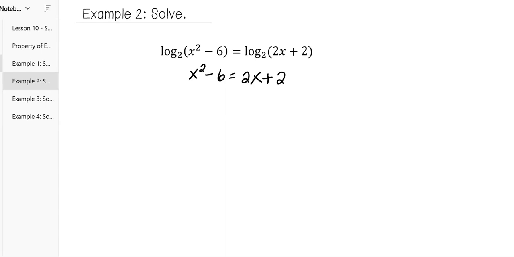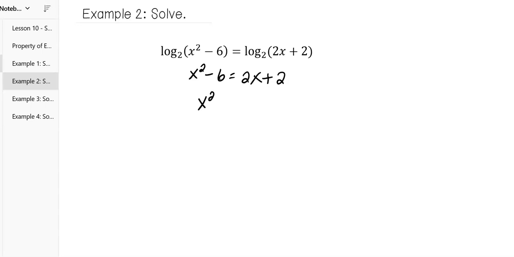Now, first of all, realize you have an x squared term. By being able to recognize that, you know that at some point you are going to have to factor. However, we cannot factor until it is set equal to 0. So I'm going to keep my x squared positive and move that 2x and the 2 over to the other side.